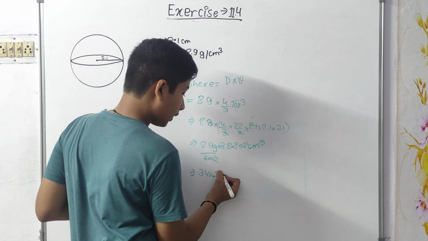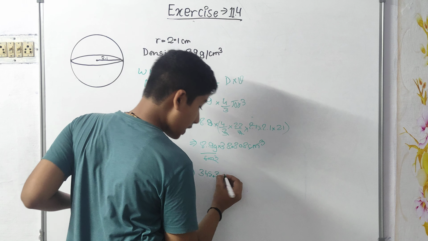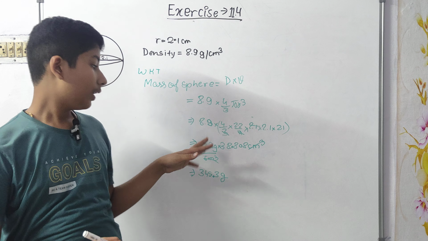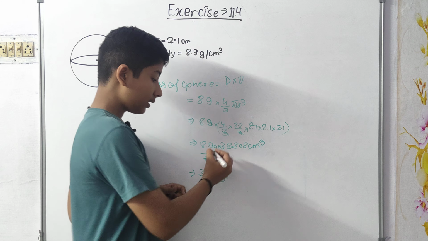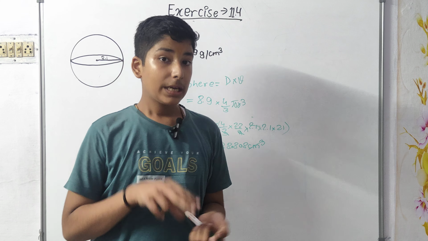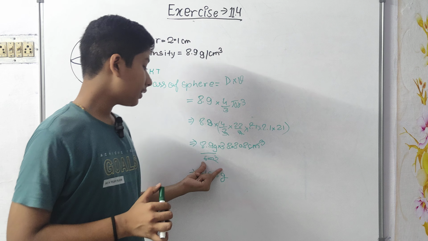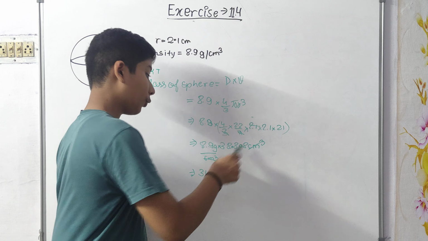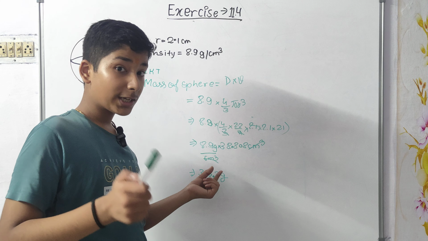Whether you write 30.30 or 30, both are the same, but here the unit will come as gram. If you don't know whether it will come in kg or grams, you can do just one thing. See, gram per centimeter cube. Per is used to symbolize divide, so gram upon centimeter cube, and here 38.808 centimeter cube, they both got cancelled. The unit left was gram, not kilogram.